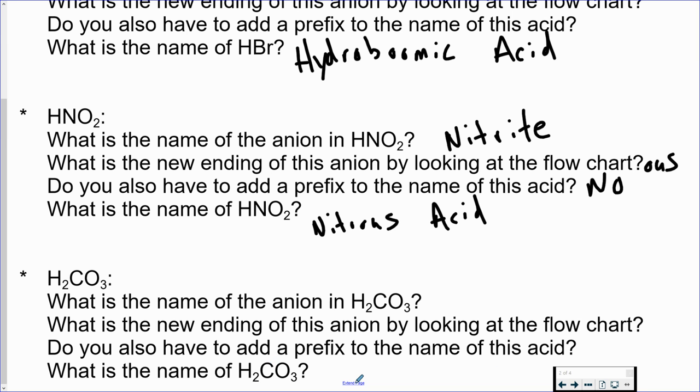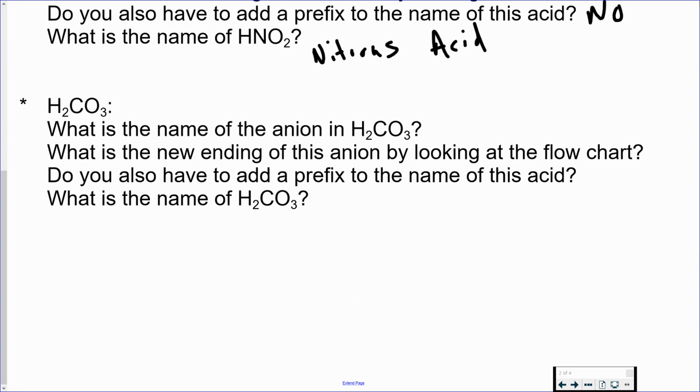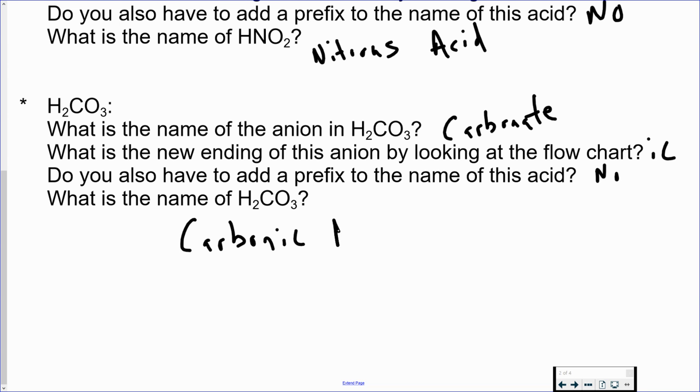All right, go ahead and try the last one. One more. 3, 2, 1. CO3 is carbonate. It gets a new ending of ic. It gets no prefix, giving us carbonic acid.